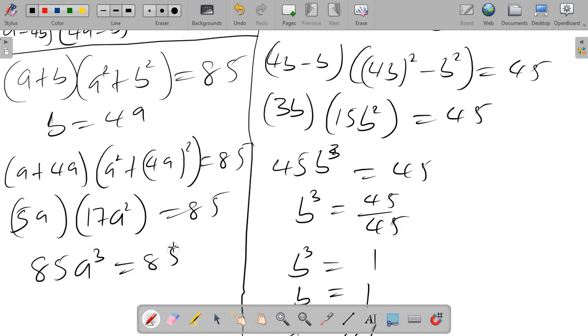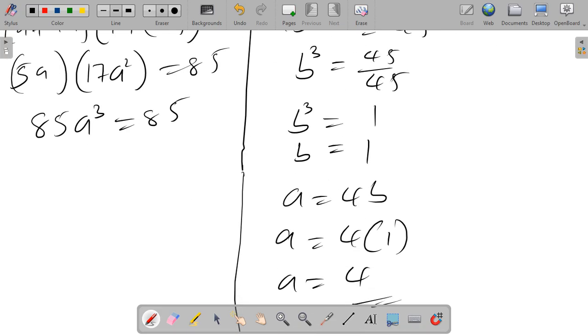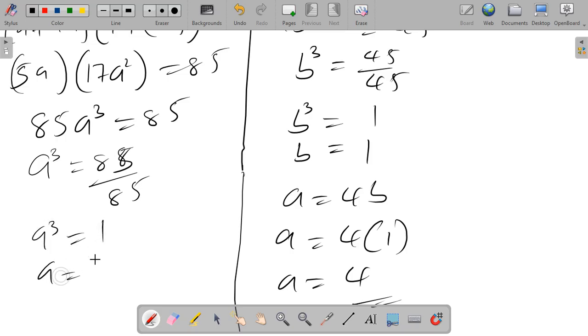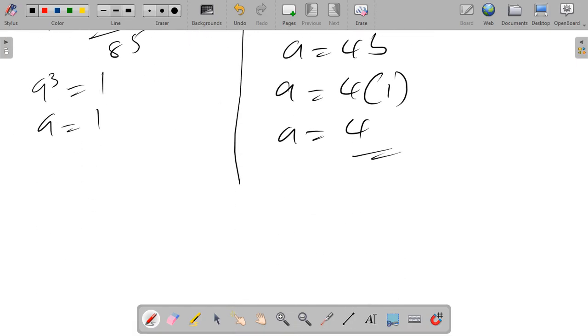So we have that a cube is equal to 85 over 85. Therefore a cube is equal to 1, and then a is equal to 1. Having that a is equal to 1, we remember that b is equal to 4a, so b is equal to 4 into 1, which is 4.